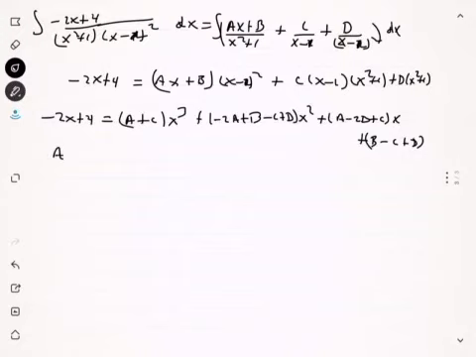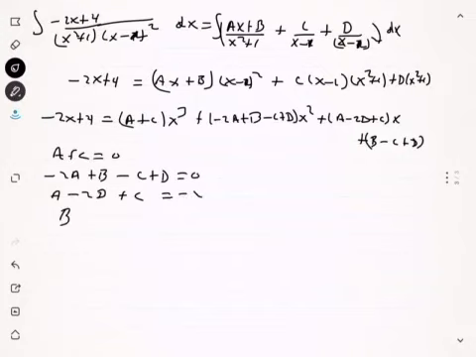A plus c equals 0 because there's no x cubed on the other side, minus 2a plus b minus c plus d is also going to equal 0 because there's no x squared on the other side. A minus 2b plus c will equal minus 2 because of that minus 2x, and then b minus c plus d equals 4 because of the constant.